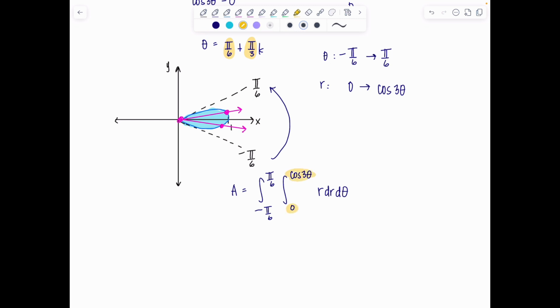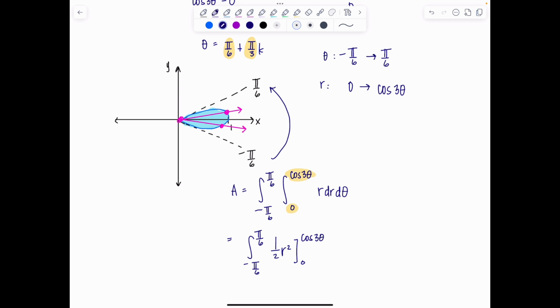I can't break this up like we did the previous ones because notice this is not a constant. So we just have to evaluate the iterated integral. So here we go. We've got negative pi over 6 to pi over 6. Antiderivative of r is 1/2 r squared, evaluated from 0 to cosine 3 theta, and then d theta.